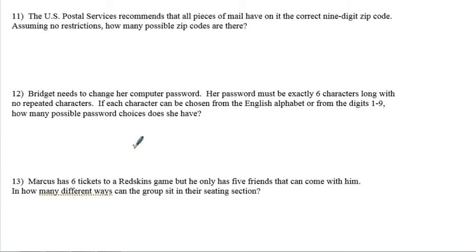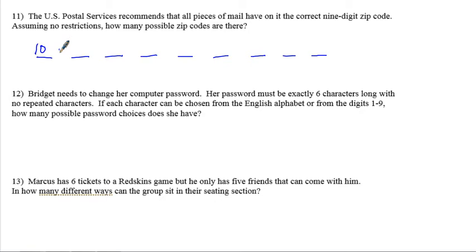Let's look here. Postal Service uses zip codes, and they're 9 digits. Assuming no restrictions, and what this means is we're allowed to repeat, how many possible zip codes are there? Well, if each position is a digit, not a letter, we have 10 different options for here, 0 through 9.